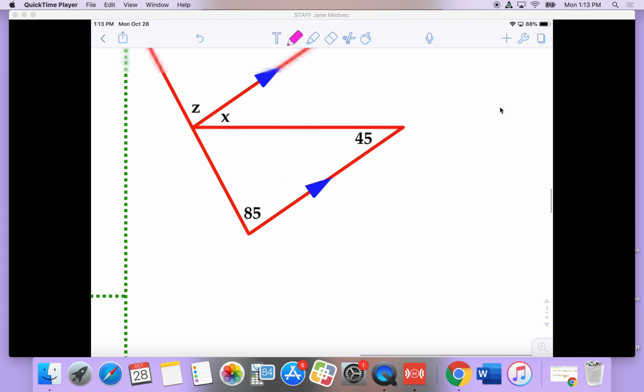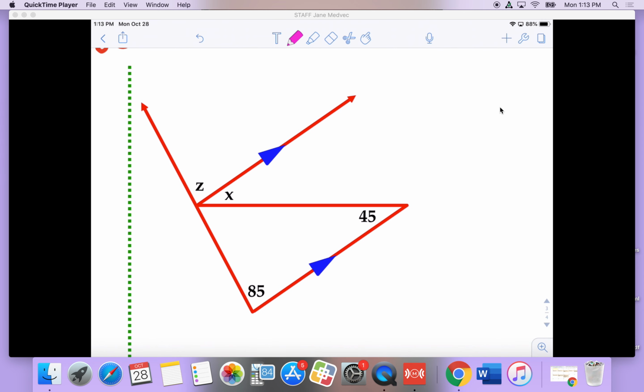Okay, let's look at the last one. This one looks harder, but it's actually easier once you realize some relationships. So again, I've got my parallel lines. Here's one, here's the other. What are some of the relationships I can pull out?